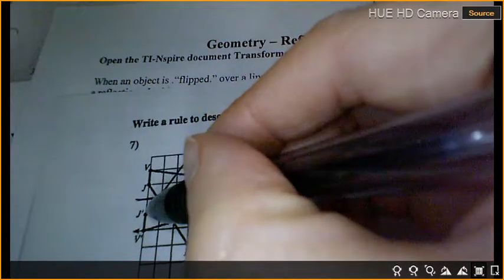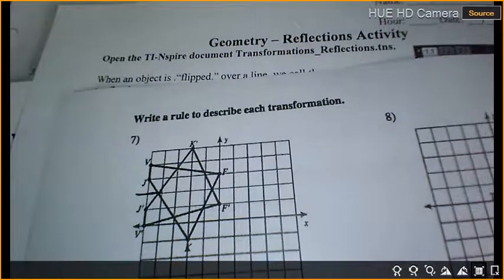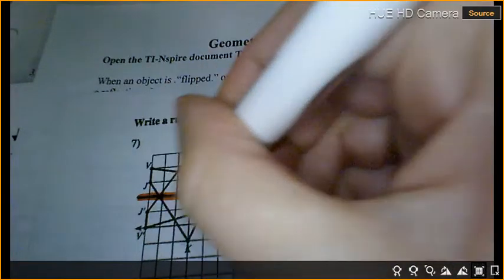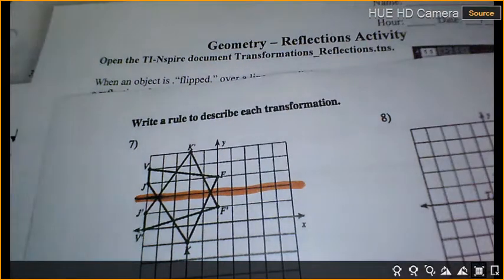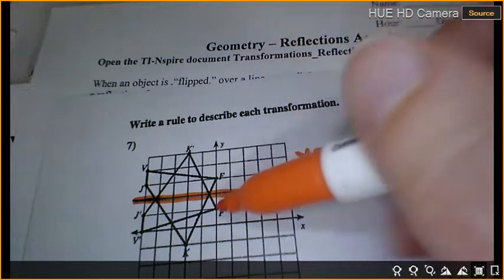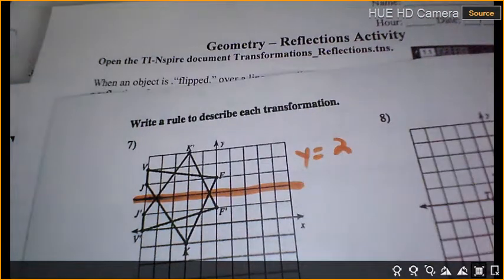J and image of J. My reflection line would have to go right between them. Okay, so this would be Y equals, and 0, 0 is right here, 1, 2. Questions?